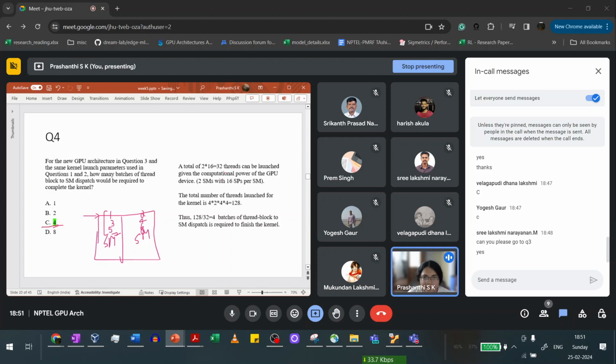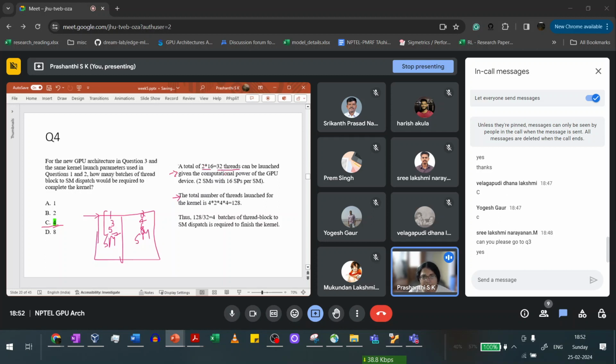Again, this is an alternate way of calculating. All of this is the same logically, just using different units. We calculated in terms of blocks. The other way to do it is using threads. At a time, you have 2 SMs and 16 SPs per SM, so you can launch a total of 32 threads. What you do here, as we did in week 3, is on one side you have the total work for the kernel in terms of number of threads, and on the other side you have the hardware capability.